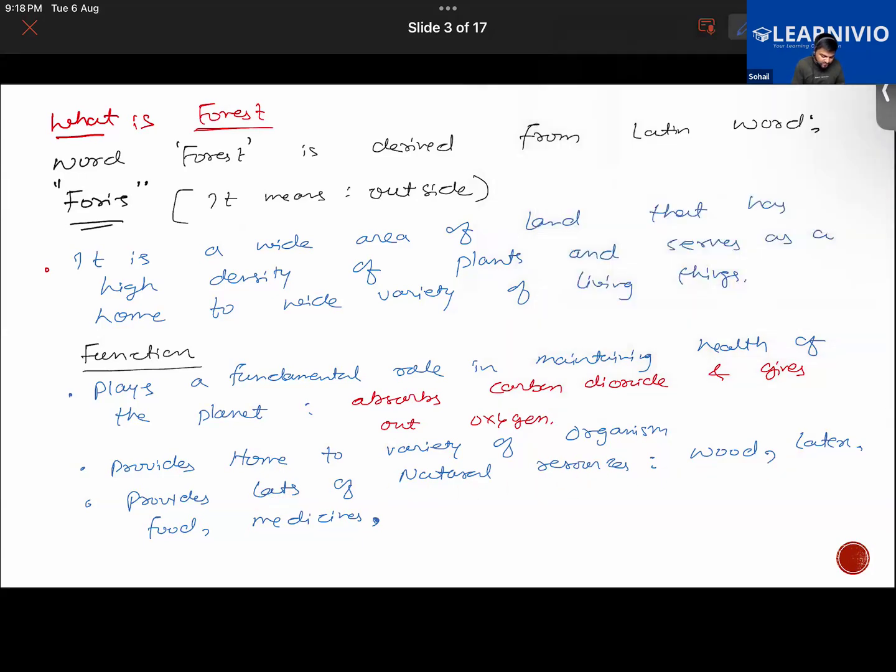As we were talking about the function of forest, forest provides other things also. Although it provides lots of natural resources to us, it also provides a home to a variety of organisms. Good. So it is a habitat for different kinds of organisms as well.